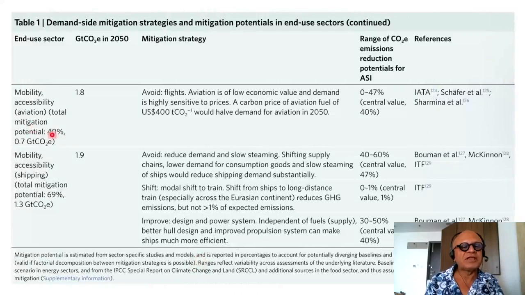Further, the mobility accessibility also has flights and shipping. Aviation is of low economic value and demand is highly sensitive to prices. A carbon price of aviation fuel of US $400 per ton of CO2 would have the demand for aviation in 2050.